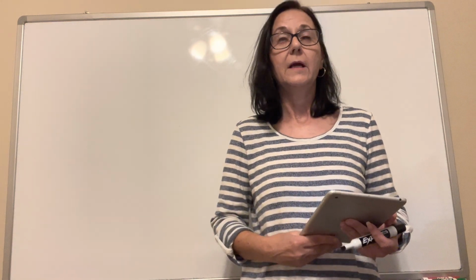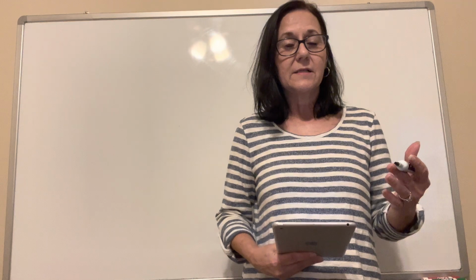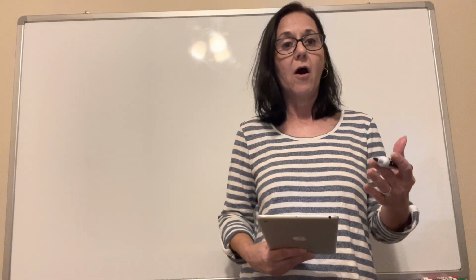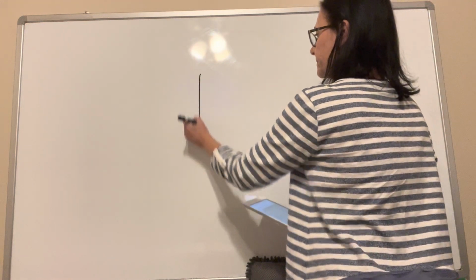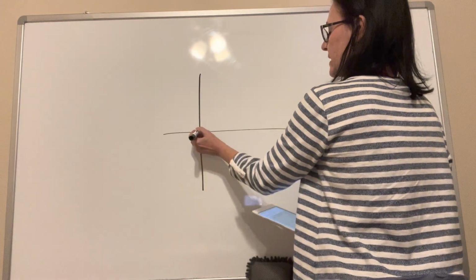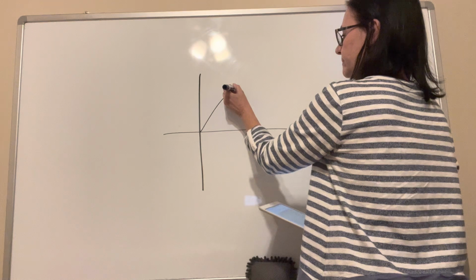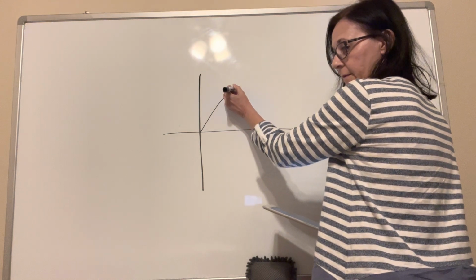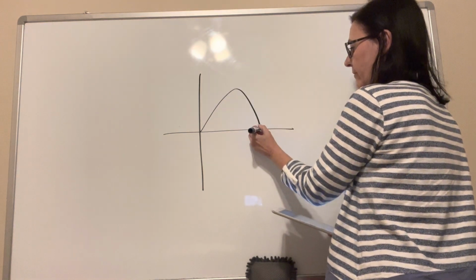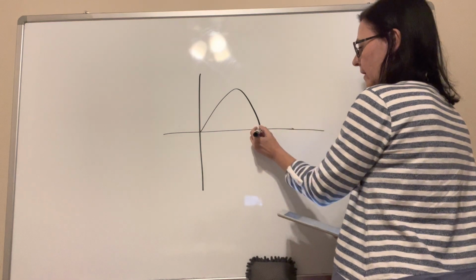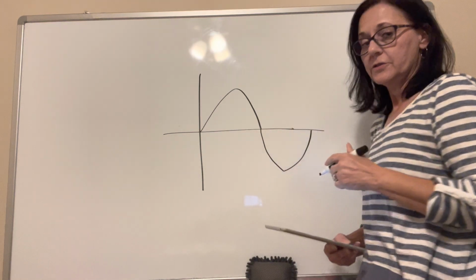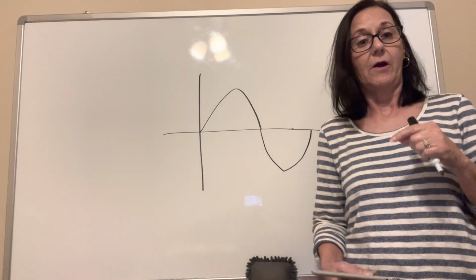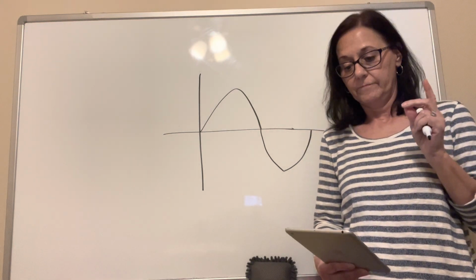All right. I also want to remind us of how the graphs look. Remember, the sine begins at 0, goes up to 1 at pi over 2, goes back to 0 at pi, goes down to -1 at 3 pi over 2, and back to 0 at 2 pi.